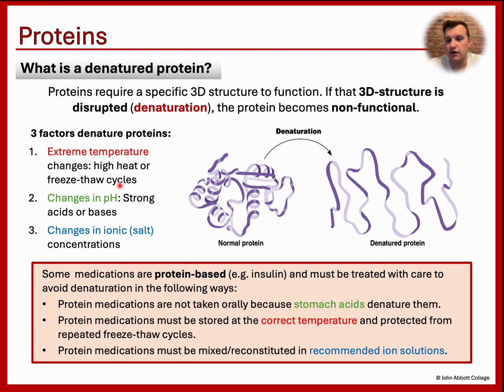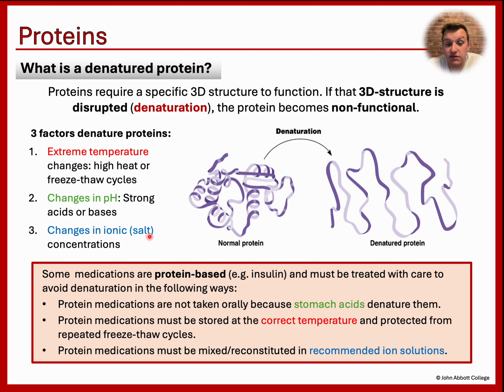Freeze-thaw cycles are like taking things out of the freezer, unthawing them, putting them back in the freezer, unthawing, right? So this is bad too because it's extremes of temperatures. We'll talk about that in a second. What else can denature a protein? Changes in pH, so strong acids or bases, right, can change our proteins.